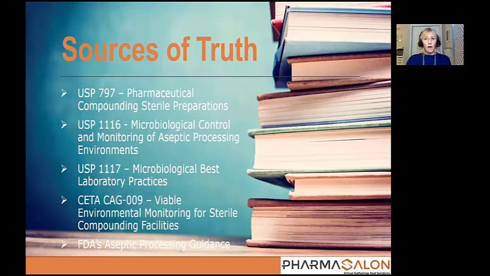Then you have USP 1117, which covers microbiological best laboratory practices. This is going to give you a lot of information in regards to what the lab would be doing from an incubation standpoint. Also important here would be CETA's CAG 009, which covers information on environmental monitoring, and the FDA's aseptic processing guidance is also a helpful document to take a look at.